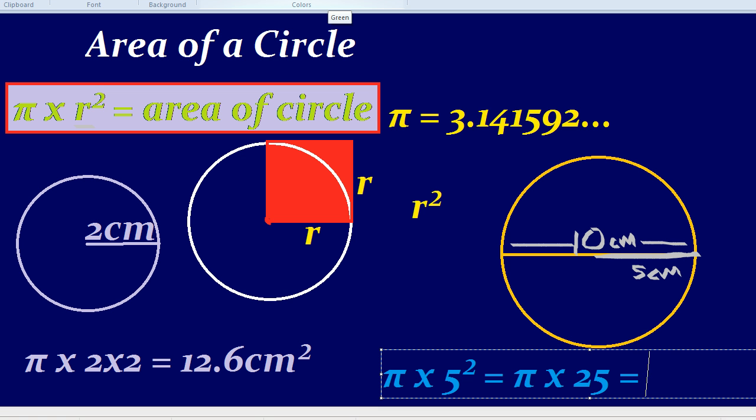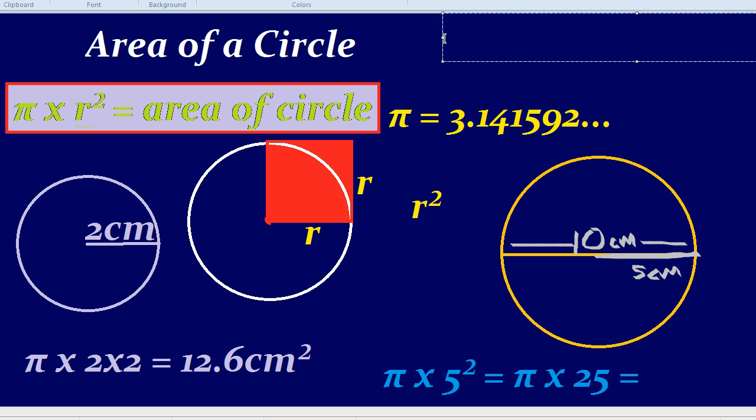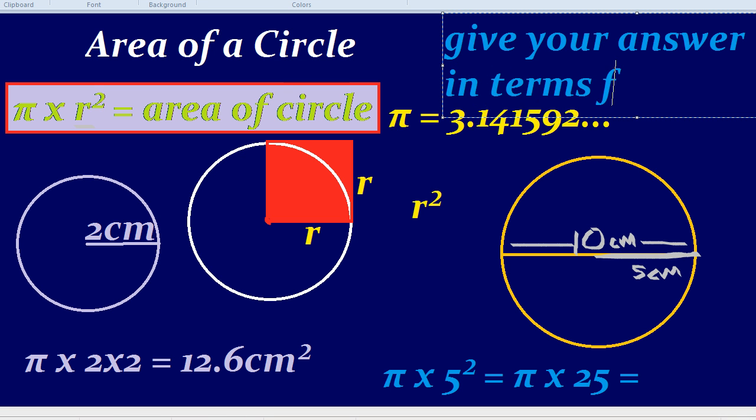Just quickly, sometimes they might say give your answer in terms of pi. So just to put that at the top, just so you know what it looks like if you see it. Give your answer in terms of pi. That means the answer to this question would be 25 pi. So you wouldn't have to work it out. That's usually on a non-calculator paper where you don't have a calculator.